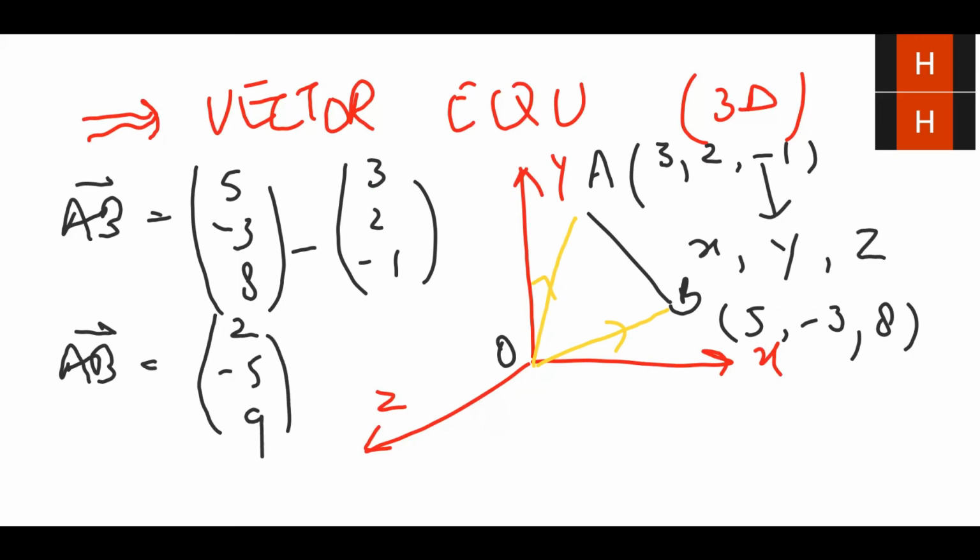Now coming towards our vector equation, it is going to be the same as before. We have two position vectors, which are OA and OB, and we have our one direction vector, which is AB, which we just found out. So we said that the general vector equation is R equals OA or OB plus lambda, which is the magnitude, sorry, the direction vector, which is AB.